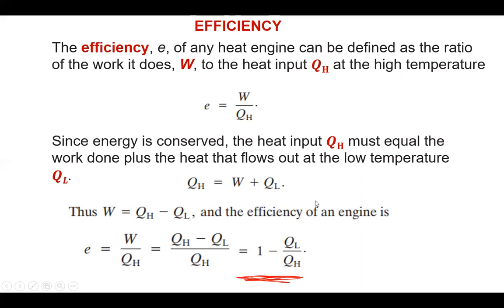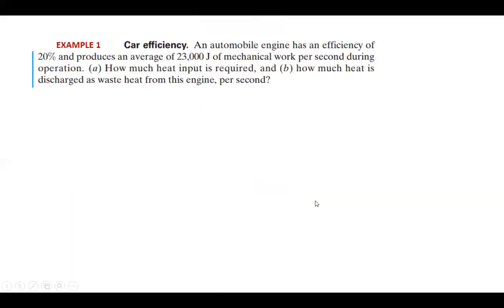Okay, so let's take a look at this example here. An automobile engine has an efficiency of 20% and produces an average of 23,000 joules of mechanical work per second during operation.